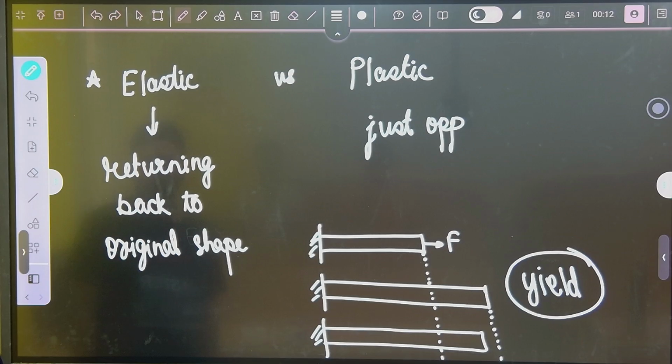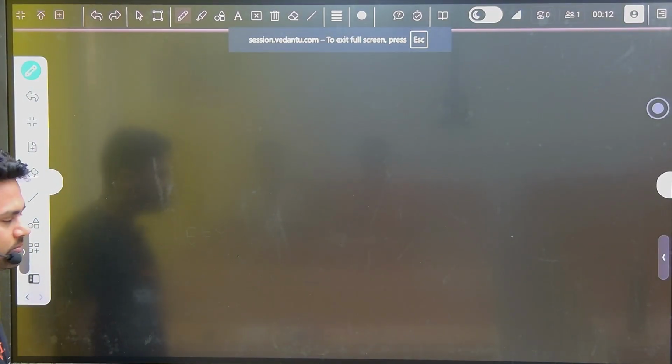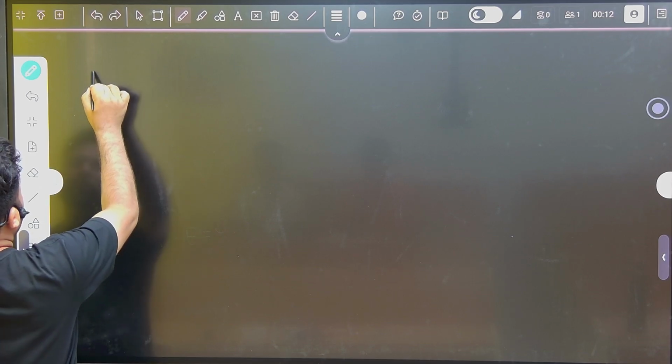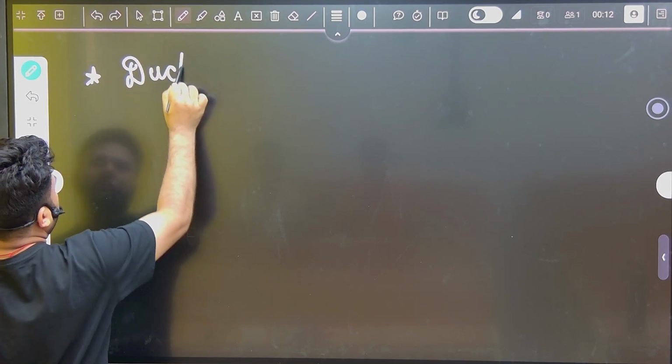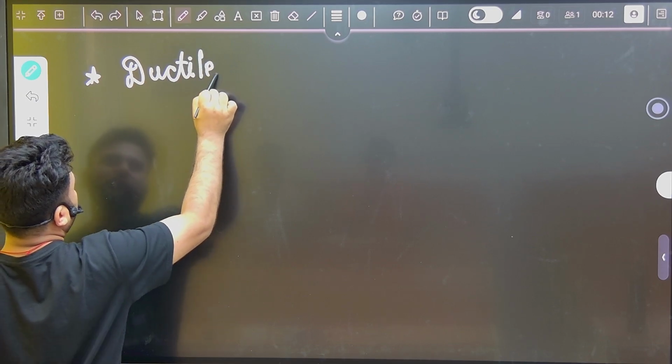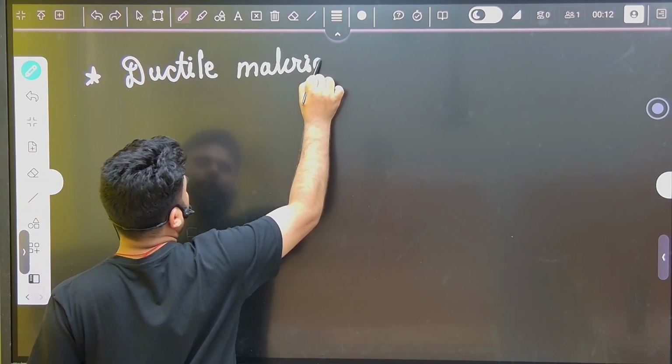Correct? So we have a graph for ductile materials. Ductile materials, I am drawing a stress versus strain graph.